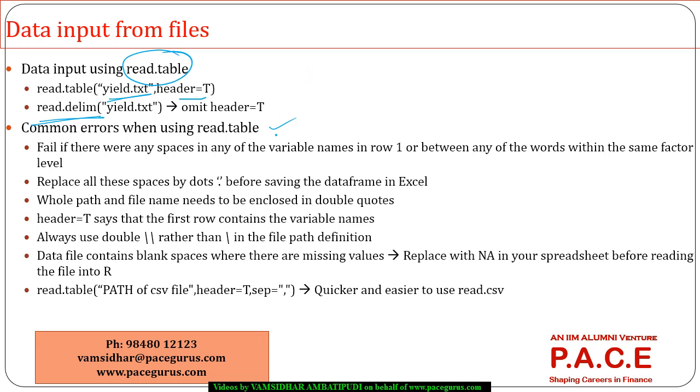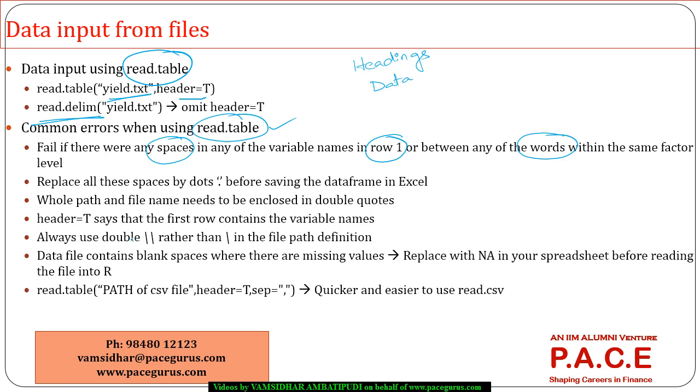There are some kinds of errors that we make when using read.table. We have already talked about any kind of spaces either in the variable headings, or even in the data. Anywhere if you see some kind of spaces, either in row 1 or between any of the words, there is the possibility of an error.